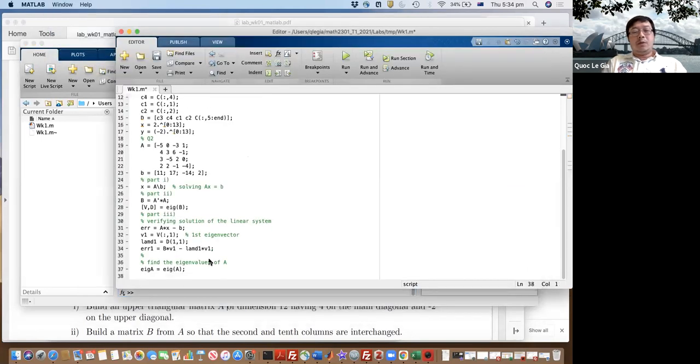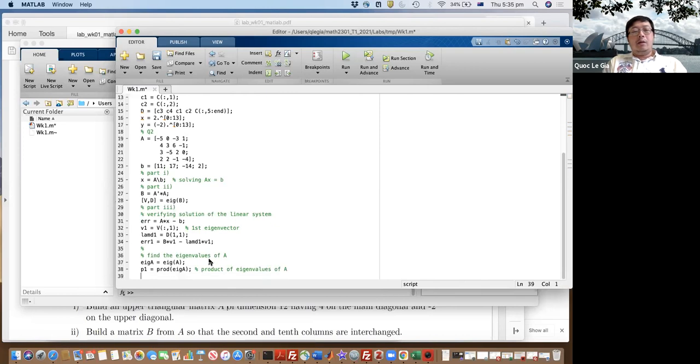I compute the product of the eigenvalues of A, maybe I call it P1. This command just computes the product of all the elements in the vector. And then D1 will be the determinant of the matrix A.